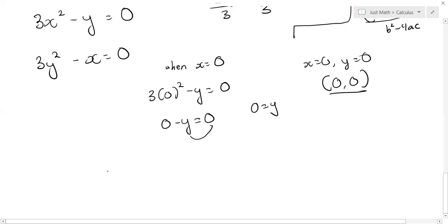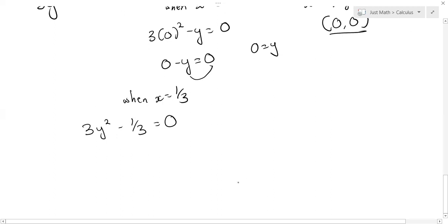But when x is 1/3, let me use the second equation just so that everything flows. 3y squared minus 1/3 equals 0. So we can move the 1/3 to the other side. It becomes plus. So we have 3y squared equals 1/3.